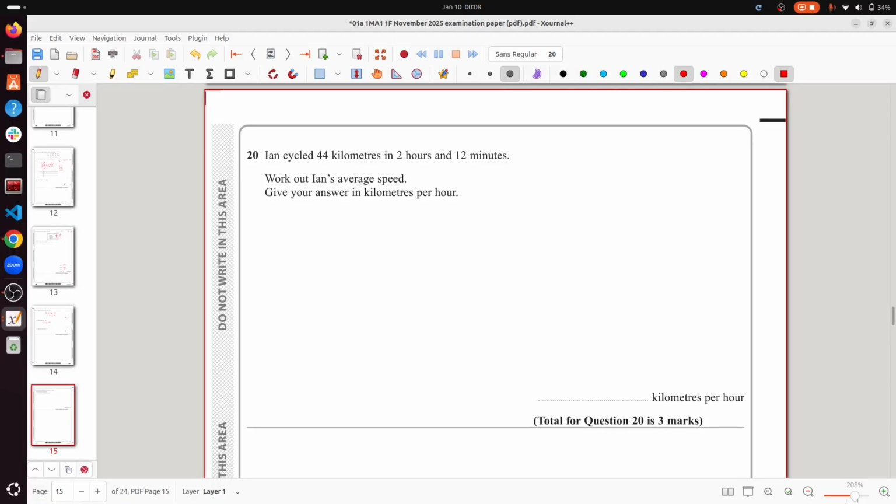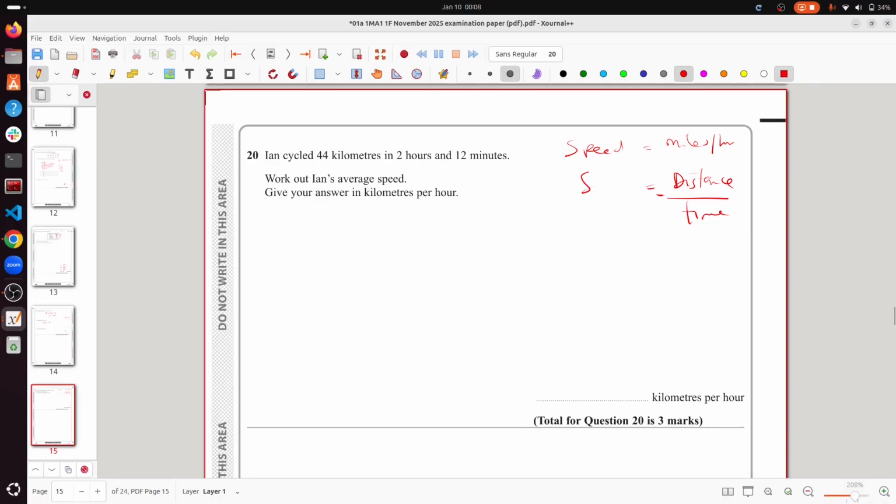So speed, one way to always get this right is to know what your units are. We know that speed is measured in miles per hour, and we can always remember that. Miles is a measure of distance, and the hour is for time.